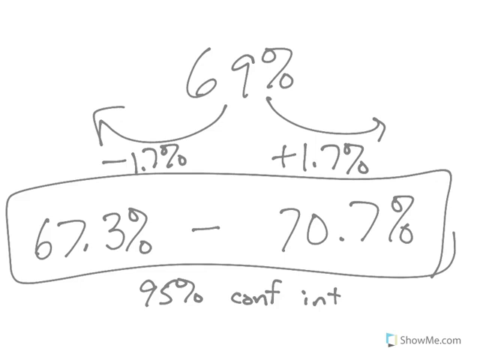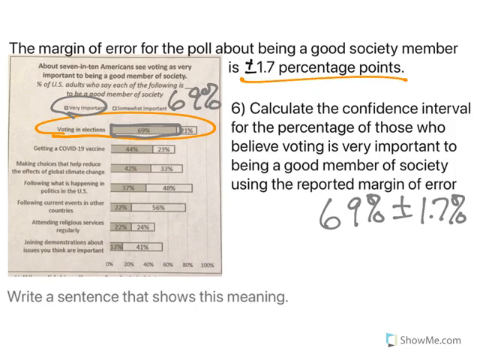Now, the confidence interval is great, but if you don't know what it means, it's pointless. So we're going to write a sentence to show that meaning. When writing a sentence about a confidence interval, I like to start with, how confident are you? We are 95% confident. We can say 95% because in this course we only deal with 95% confidence intervals.